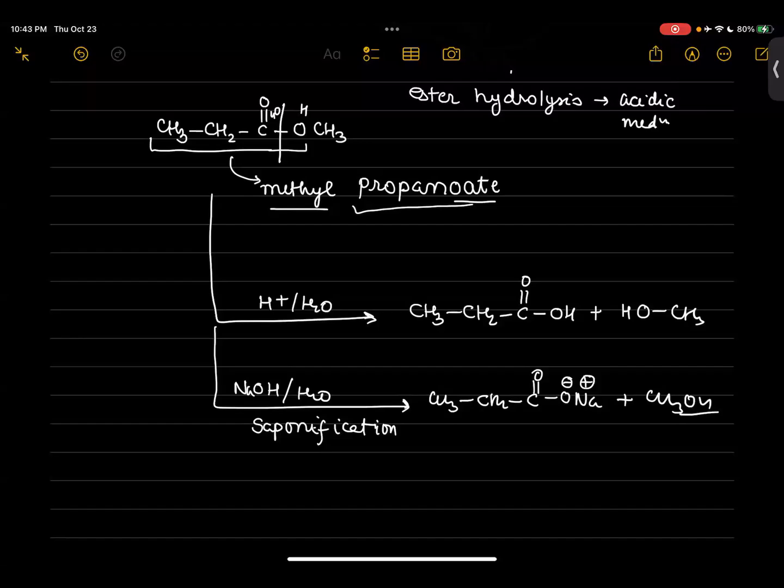So base catalyzed hydrolysis of esters is known as what? Esters can be hydrolyzed in acidic medium and in basic medium. When you hydrolyze them in basic medium, what is the name of that process?